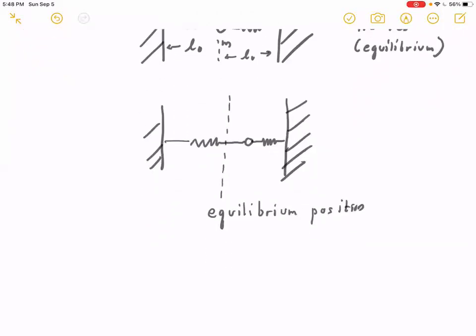Note a couple of things. The spring to the right is compressed, so there's going to be a force due to it because of Hooke's law.